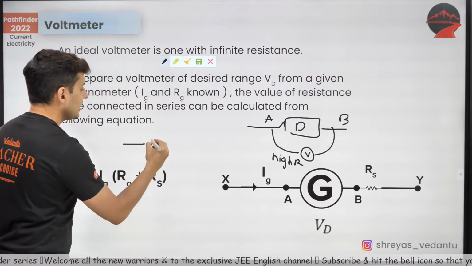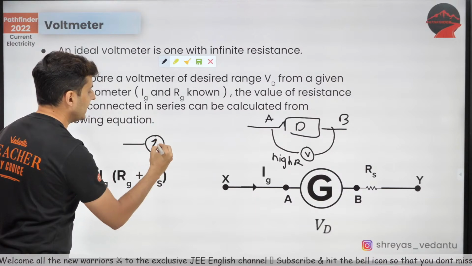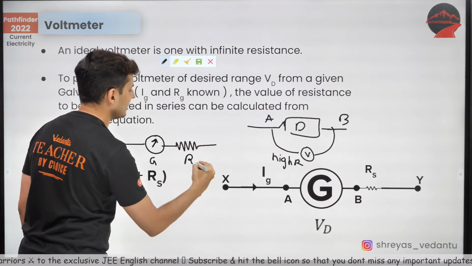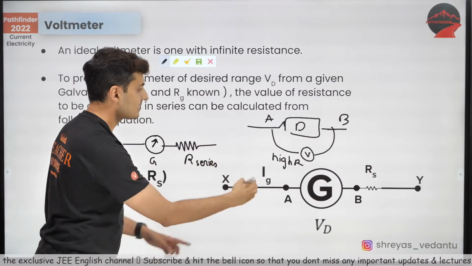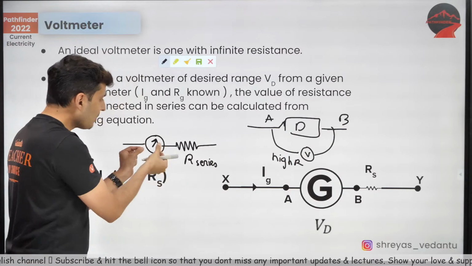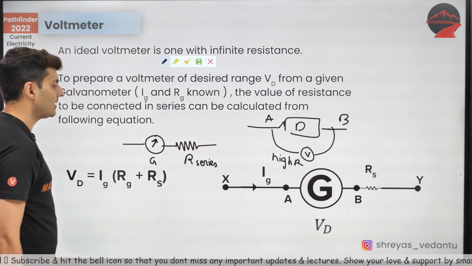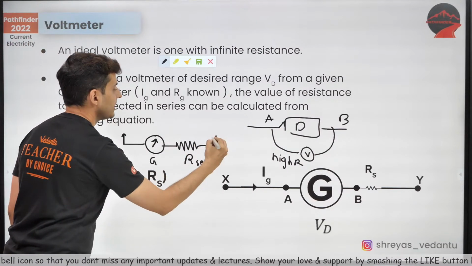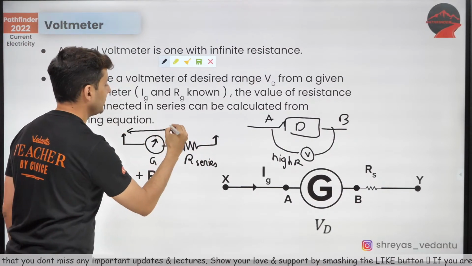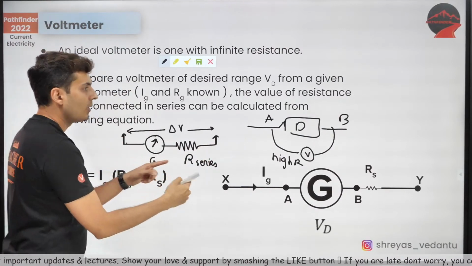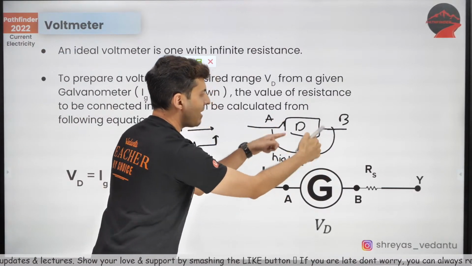A voltmeter is nothing but a galvanometer plus a very high resistance in series. A voltmeter has very high resistance. So how do you increase the resistance? By attaching a very big resistor in series. And whatever voltage is there across these two points is the voltage which will be measured, because remember this and this are in parallel, right?